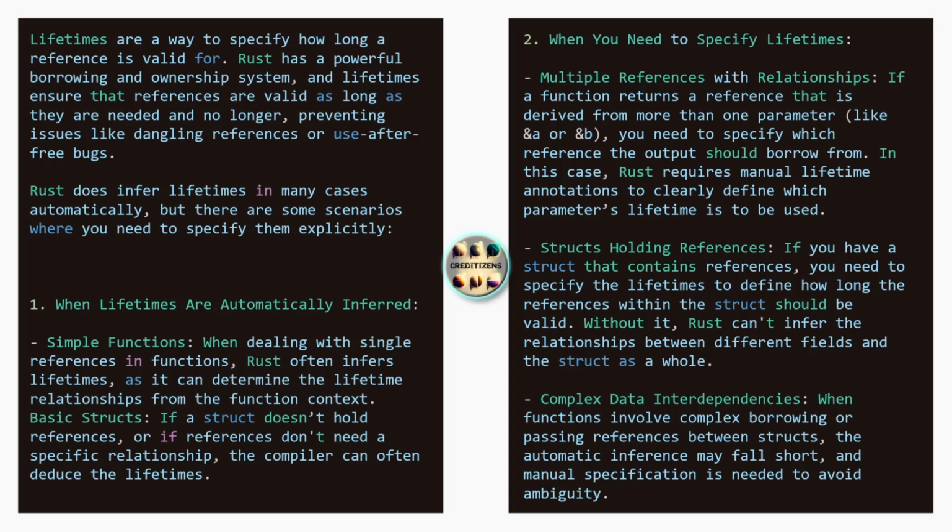So you see, when it's a very simple function, it's okay. Rust has an automatic process to infer those lifetimes, but when it starts to become complex, with a lot of structs, references, and references passing from one variable to another and so on, at this time you need to specify those lifetimes.